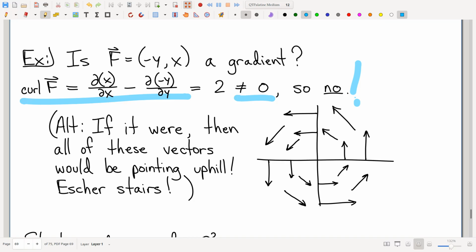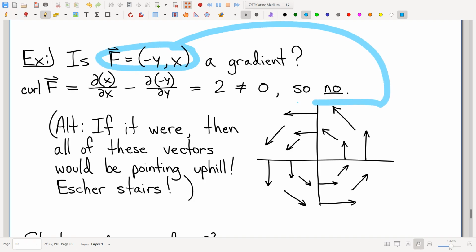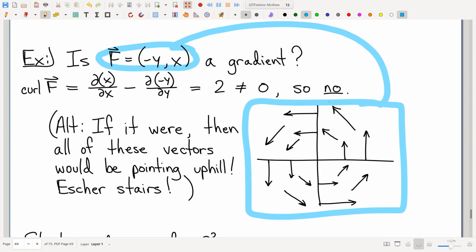Now, by the way, just a little personal satisfaction can be found by reminding yourself that this vector field looks like this, and then remind yourself also that, well, wait a second, if this were a gradient, then it would also be path independent, which means also that all the circulations would have to be 0.